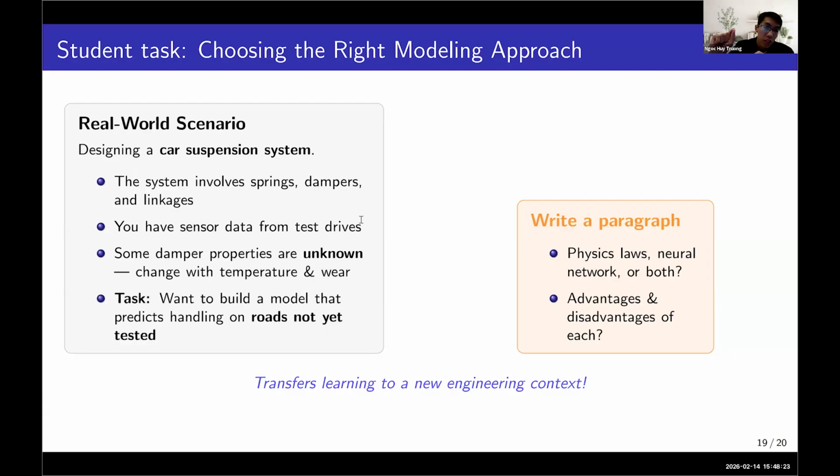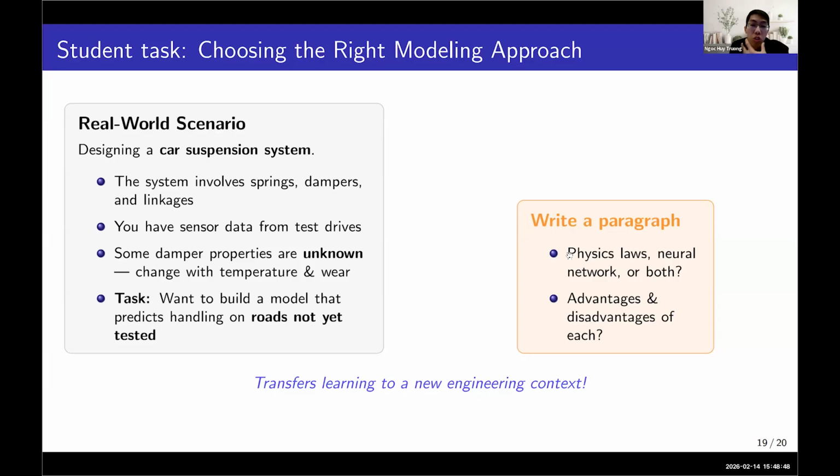You have some information and you have the data, but some damper properties are unknown or they change over time. So you have partial information about the parameters, and you ask the students, if you need to build a model that predicts the future, what would you do?